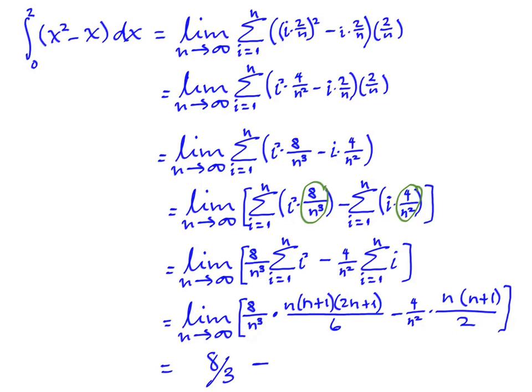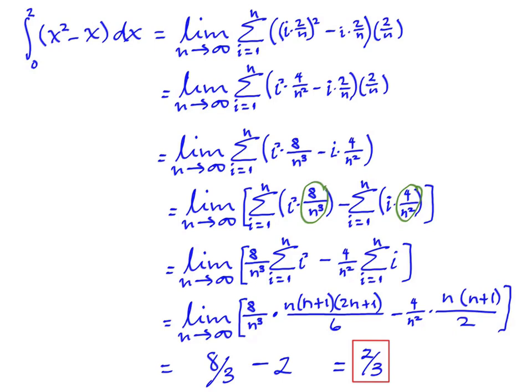The second one, divide top and bottom by n squared, and 4 divided by 2 is 2. So that one you just get 2 for the limit. And so our final answer is 2/3. So that's the definite integral from 0 to 2 of x squared minus x dx using the definition of the definite integral. So what did we just do?